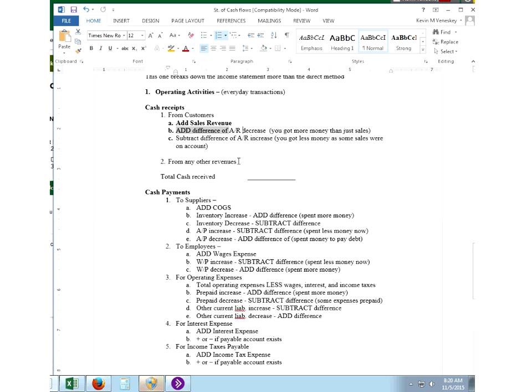I'm going to actually switch these around. I think it might be easier to read, because this is what I did on cash payments. So if your AR goes down, that means you're actually getting more money than just what your sales revenue said. Not only are you collecting all of your sales revenue, but you're also collecting some from prior customers who owed you money.